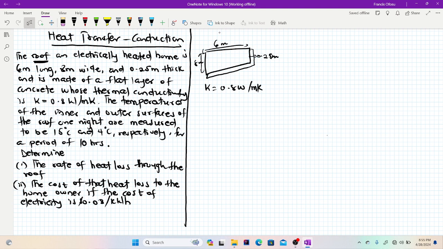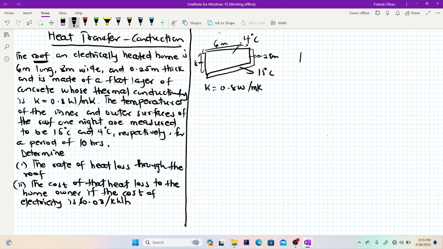The temperatures of the inner and outer surfaces of the roof one night are measured to be 15 degrees Celsius and 4 degrees Celsius respectively, for a period of 10 hours. Determine I, the rate of heat loss through the roof.